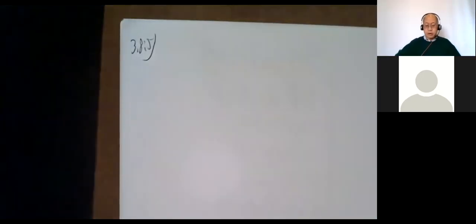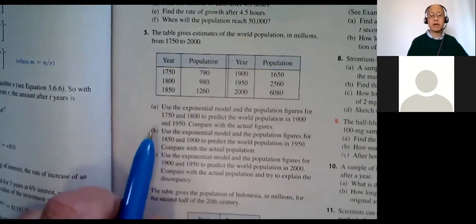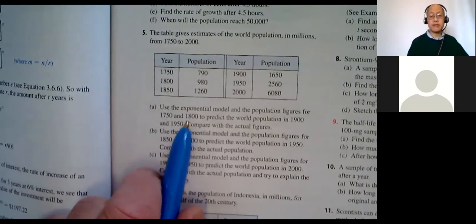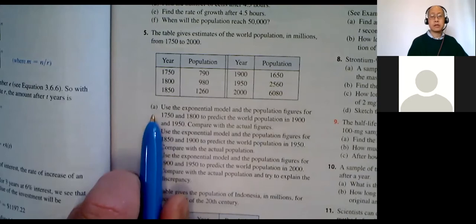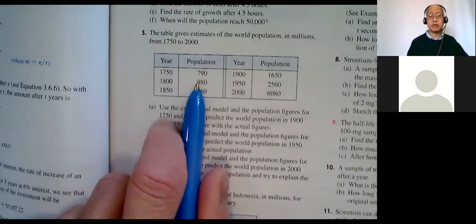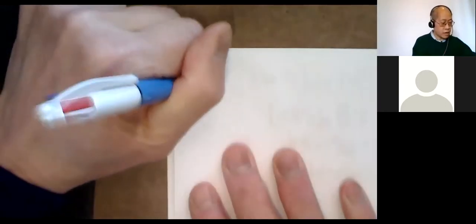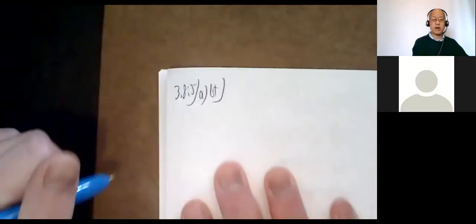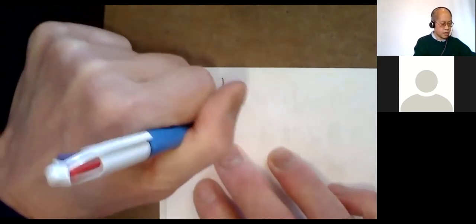Problem 5 was asked for. There are lots of parts to it, so I'm going to just pick and choose what I want. I will just pick part A, 1750, 1800, and 1900. That's all I'm going to do, to save time. So A, 1750, the original population was 790. So P of t is P0, 790, e to the kt.